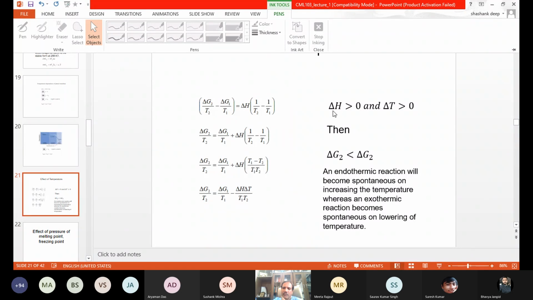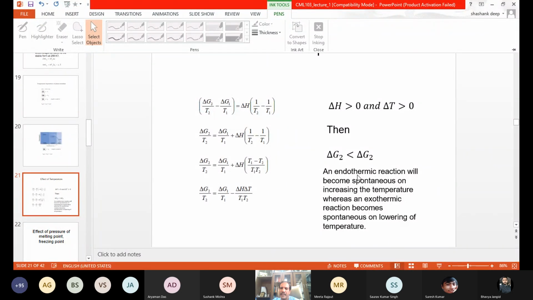So for example, if delta H is greater than 0 and delta T is greater than 0, it is an endothermic process, am I right? If I increase the temperature, then delta G2 will be less than delta G1.